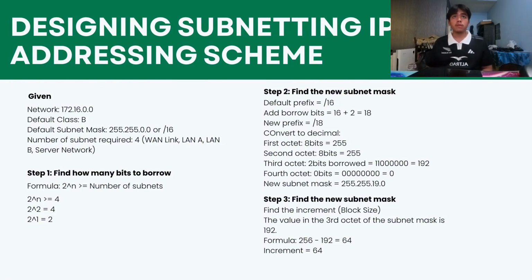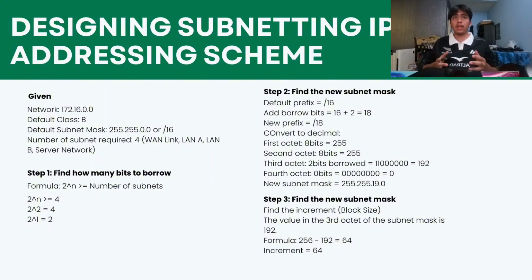For step 2, we have the default prefix, which is /16, and we need to add the borrowed bits. So 16 plus 2 is 18. Our new prefix is /18, and we need to convert it to decimal first. The first octet has 8 bits, so it equals 255, and the second octet is 8 bits, also equal to 255.